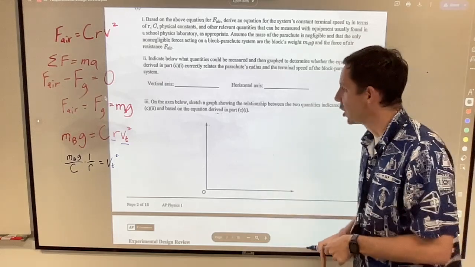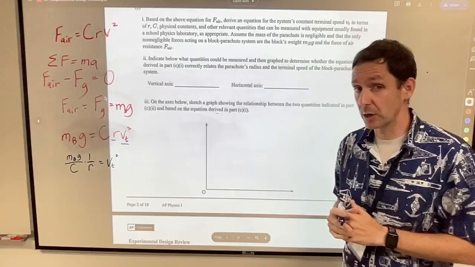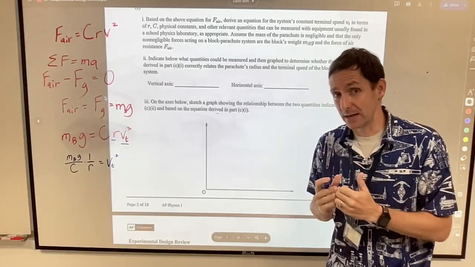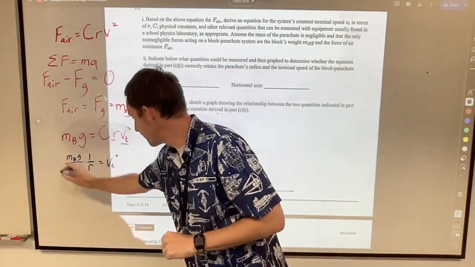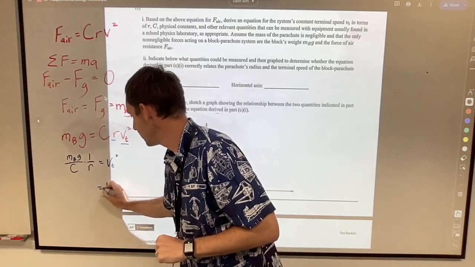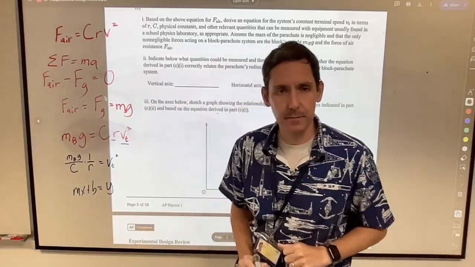All right, so when it's asking what should I put on the vertical axis and what should I put on the horizontal axis, if I want a straight line, which is generally the best way to do this, you want this to match y equals mx plus b.